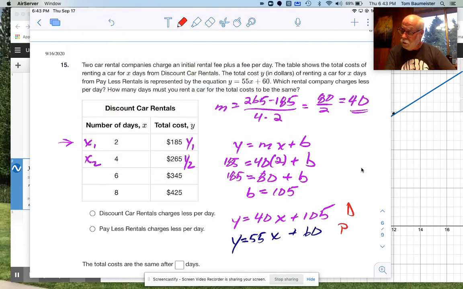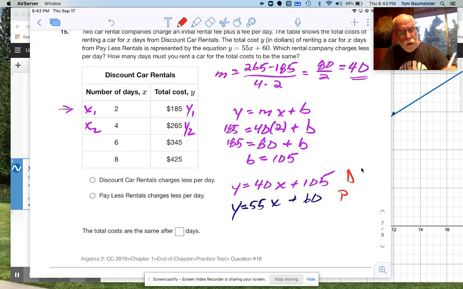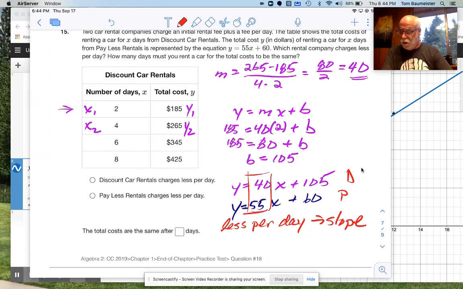And remember, I told you, less per day means we're going to check the slope, not the initial one, but the slope. So if I look at the slopes here, which one is the lower one? Well, that would be discount. All right, so Discount Car Rentals charges less per day.